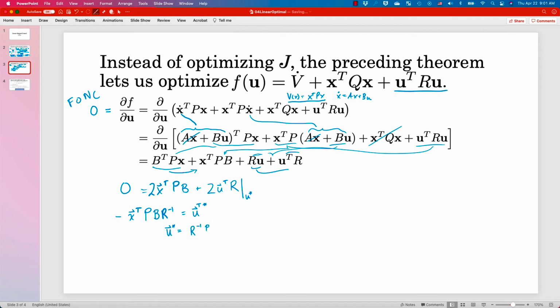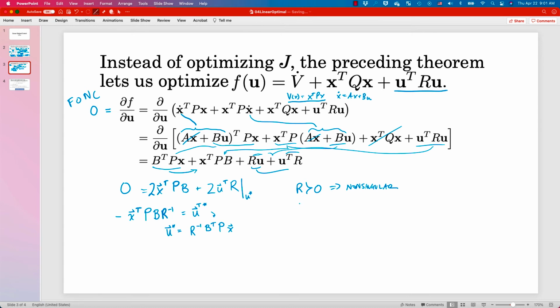negative R inverse B transpose times P times x, where I've used a couple of facts here. First off, because R is positive definite, that means it's non-singular, so its inverse exists. Also, to go from this line to this line, I've capitalized on the fact that if R and P are symmetric, then they equal their transposes.